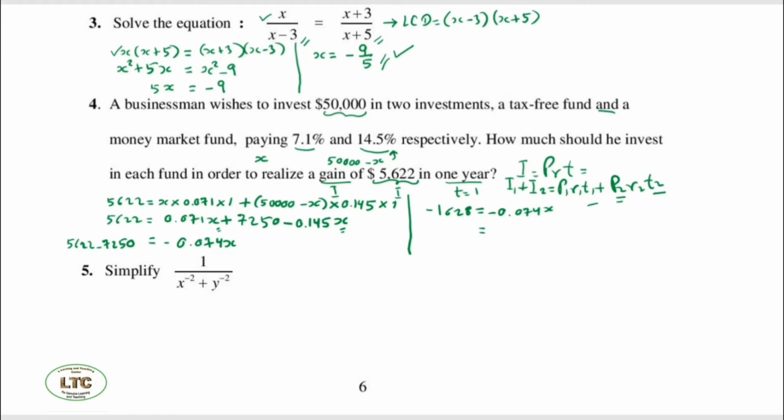If you divide the right hand side by negative 0.074, you get X. Then if you divide the left hand side, negative 1628 by negative 0.074, you get positive 1628 by 0.074. Use calculator.